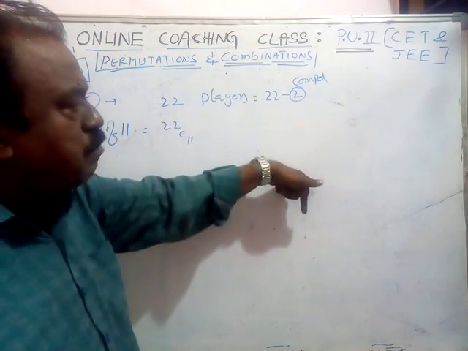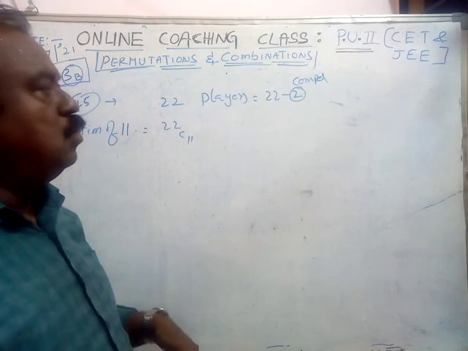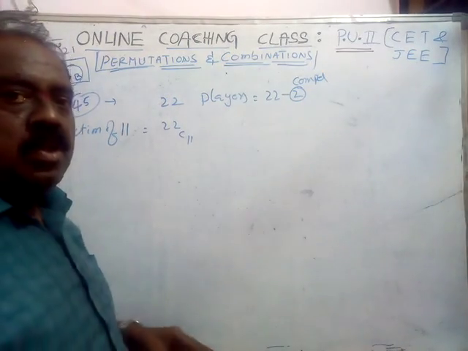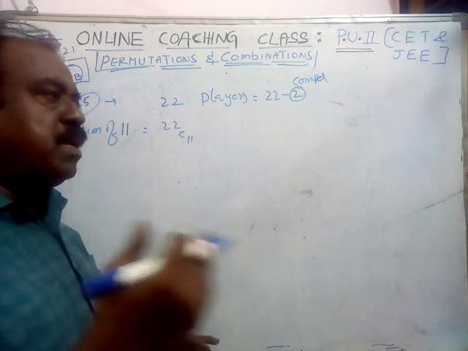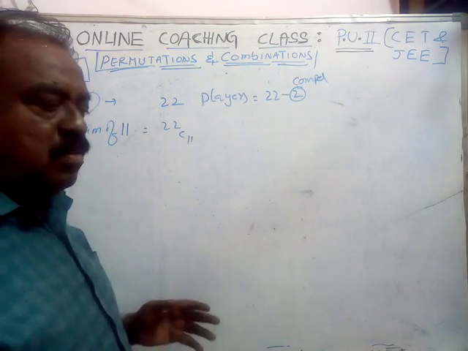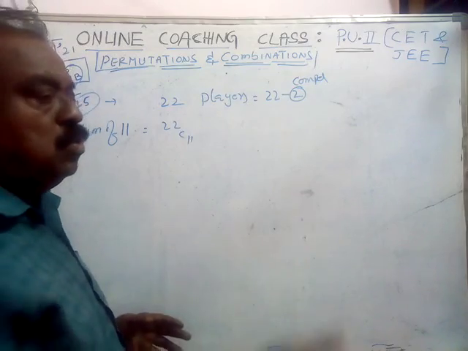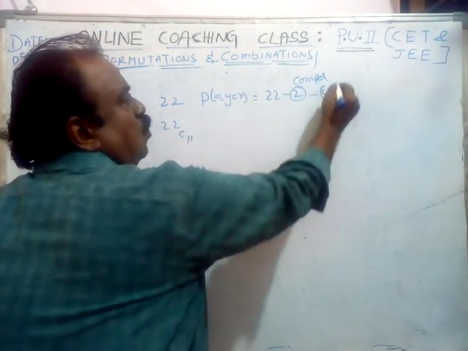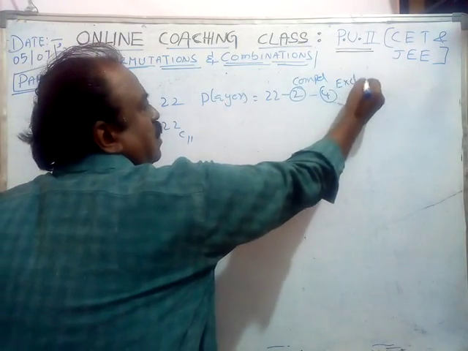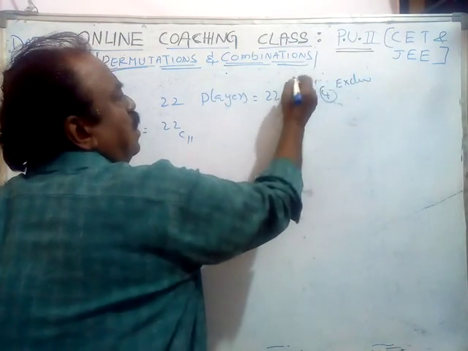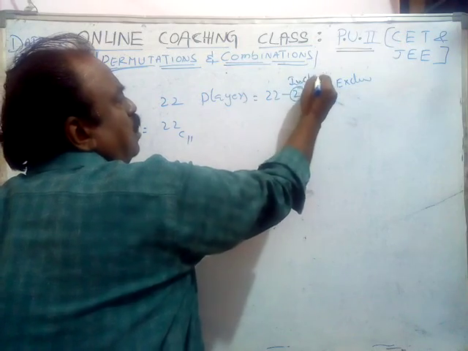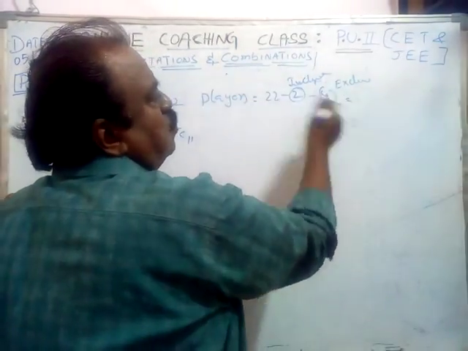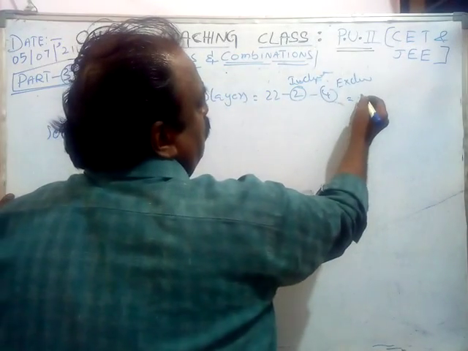Those 4 members, their parents came and they want to go home. So 4 members are excluded. Including means compulsory. Total now is 22 minus 2 minus 4, 22 minus 6.